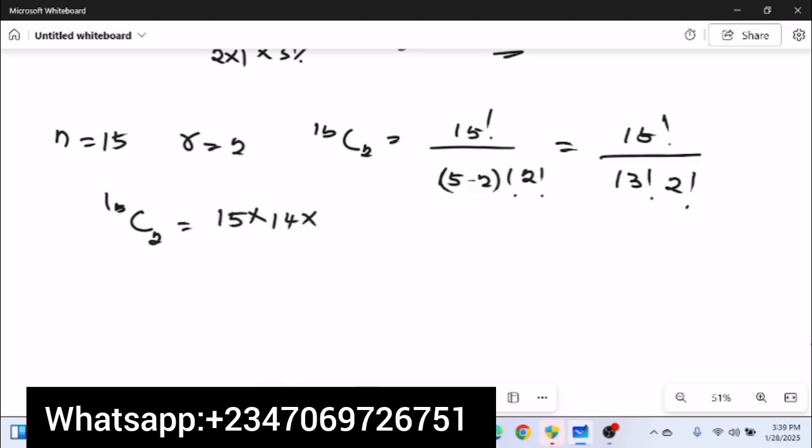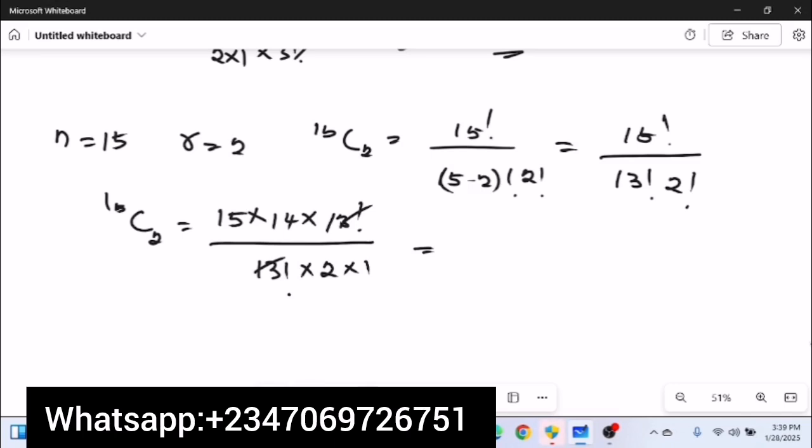Since you have 13 factorial at the denominator, you can simply cancel it, all over 13 factorial times 2 factorial, which is 2 times 1. So 13 factorial cancels 13 factorial, and you're left with 15 times 14.